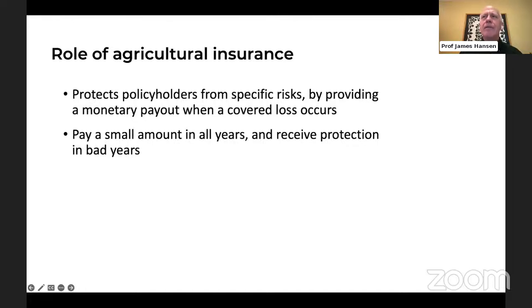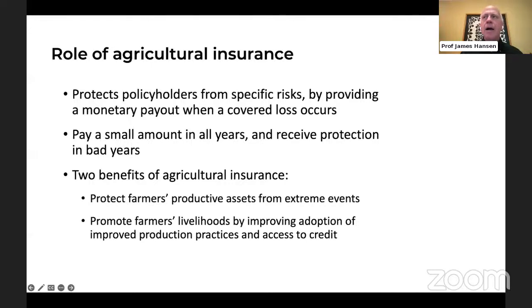So the thing that makes insurance sometimes worthwhile is that by making a small payout in all years, you can receive protection that may be needed in a particularly bad year. In the case of agriculture, insurance has two different roles. There's a protection role, but there's also a promotion role.